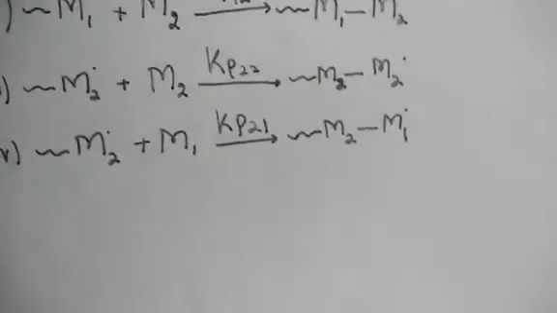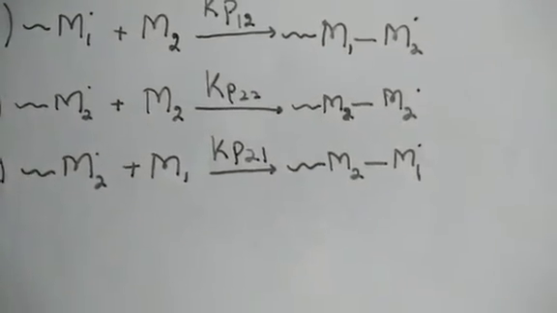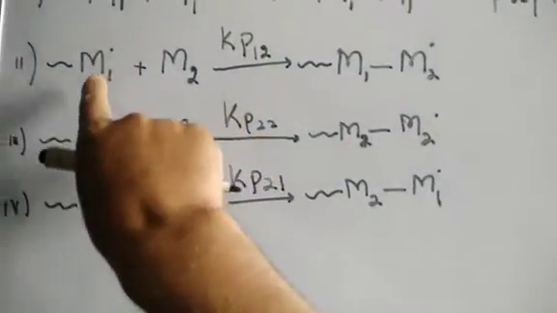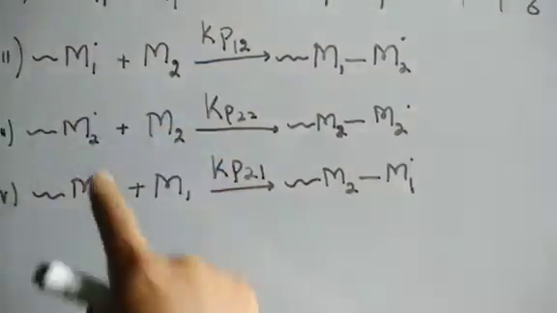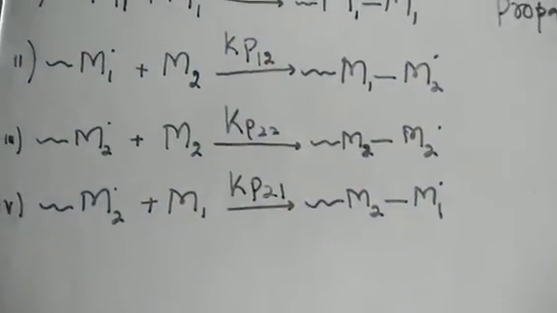नाउ बिफोर वी प्रोसीड, हम लोग यहाँ पे कुछ एज्यूम करेंगे। एज्यूम हम ये करेंगे कि एक पर्टिकुलर रेडिकल की रिएक्टिविटी जो है, that will be independent of size of the chain or the composition of the chain.